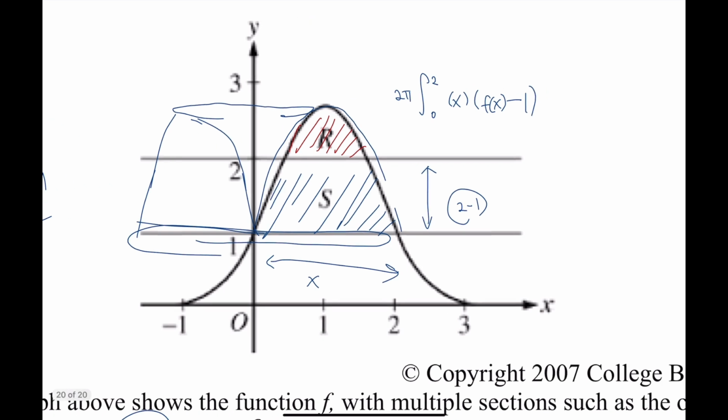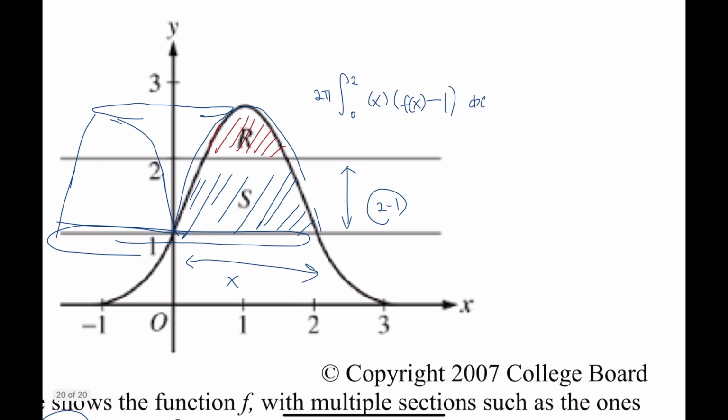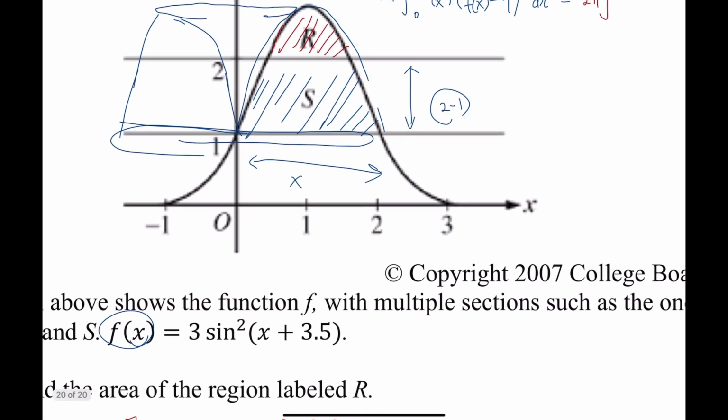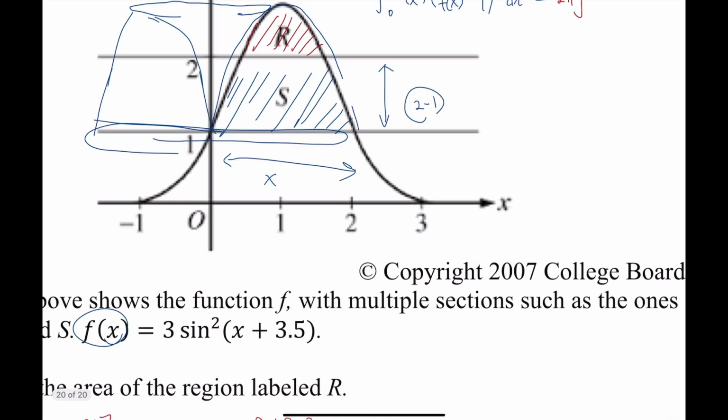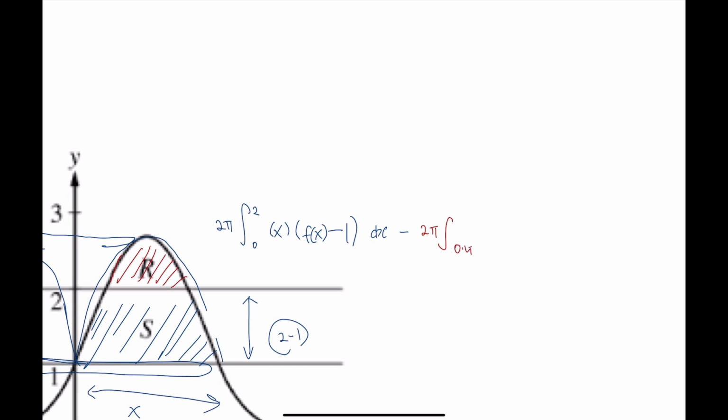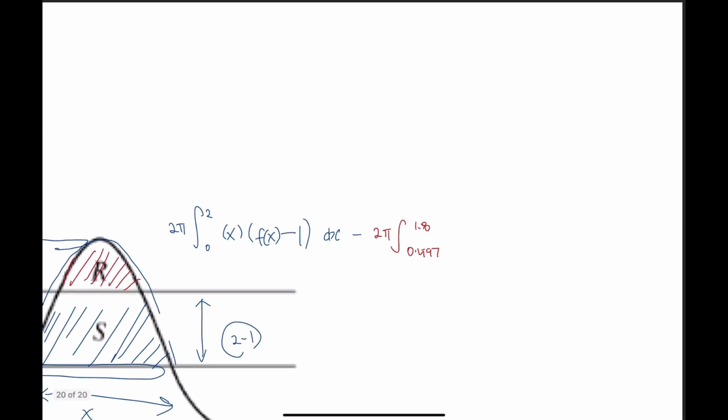Minus 1, and then dx, so that would be our entire thing, and then minus, we have our r of x, which would be 2 pi, from, again, the intervals are 0.597 and then 1.828.